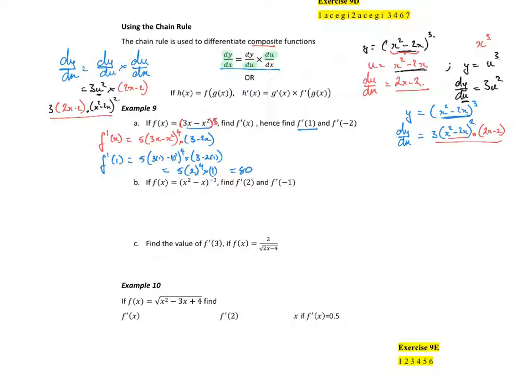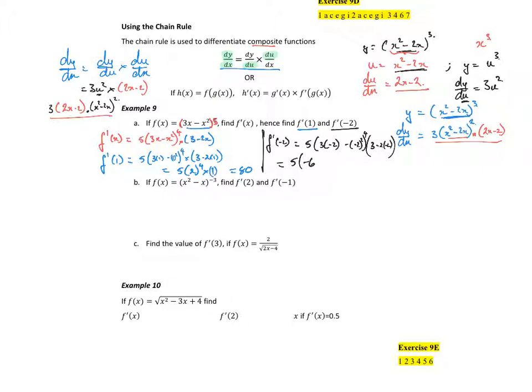All right. Similarly, if I now want to work out f dash of negative 2, I'm going to put negative 2 into that equation. It is given by 5 times 3 times negative 2 minus negative 2 squared, to the power of 4, times 3 minus 2 times negative 2. 3 times negative 2 is negative 6.